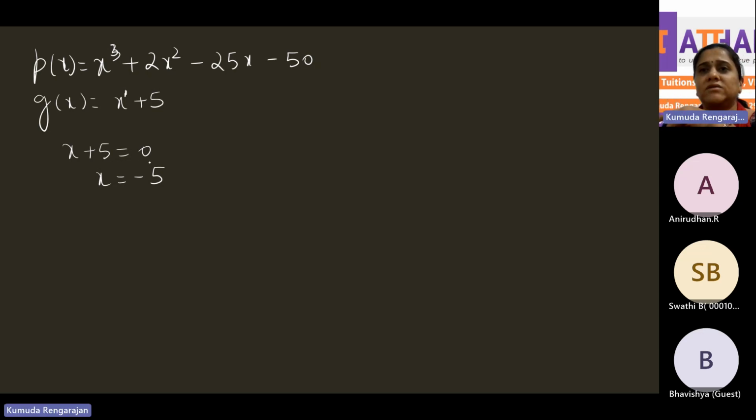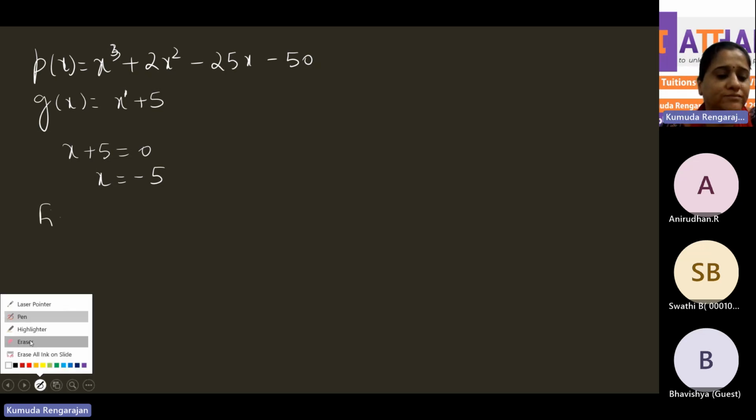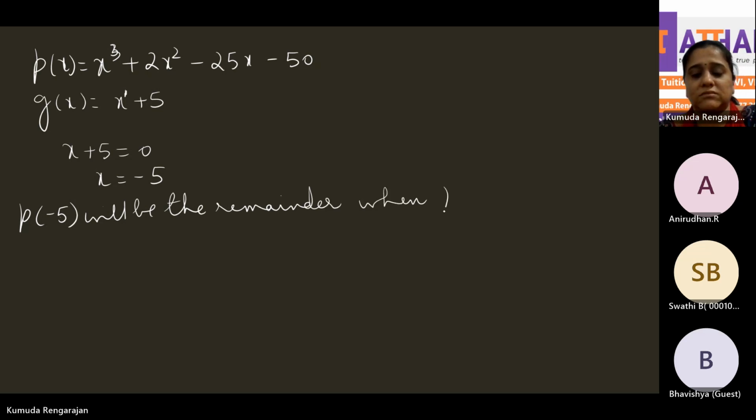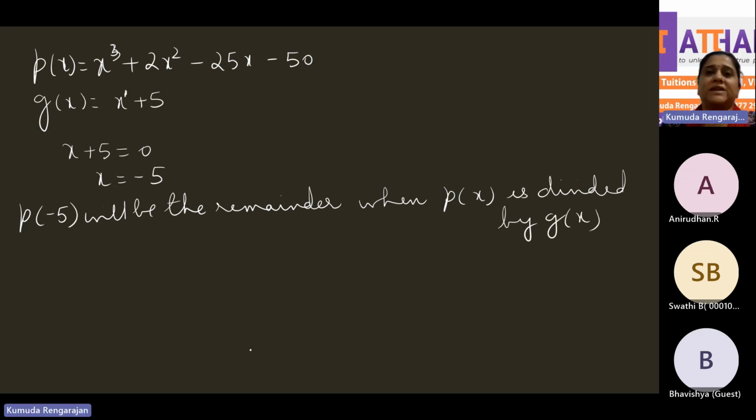X plus 5. Take the divisor, equate it to 0 and find the value of x. X is equal to minus 5. Now in P of x, find P of minus 5.